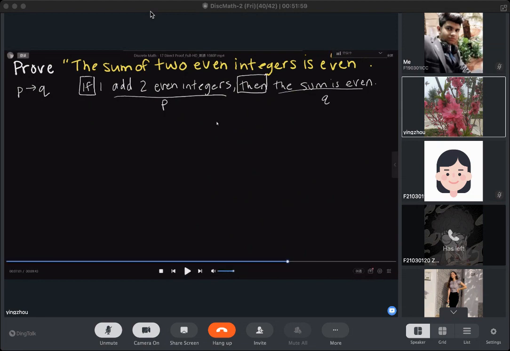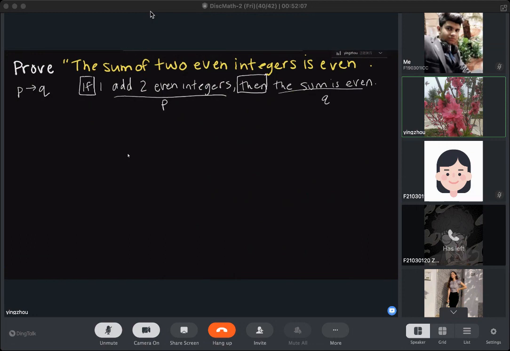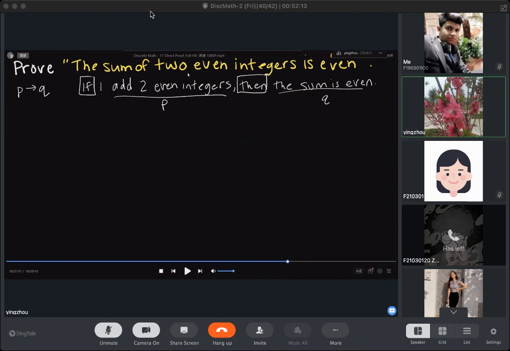So this gives the way to translate. That means if you want to use the computer to help us check or prove this sentence or this human question, the sum of two even integers is also even, how do we do that?